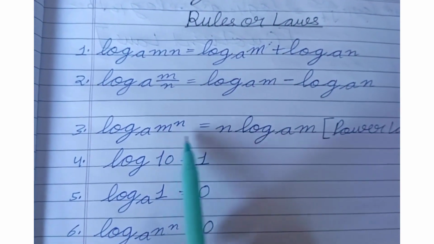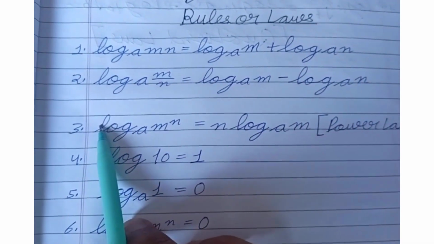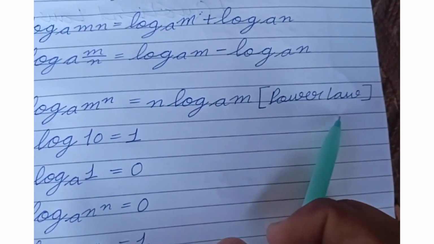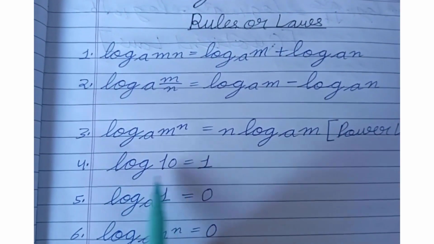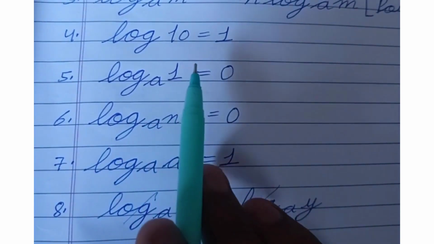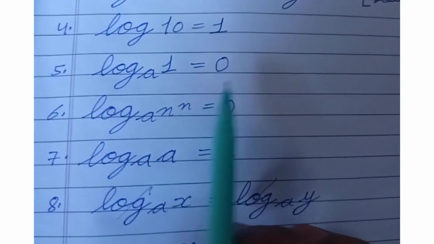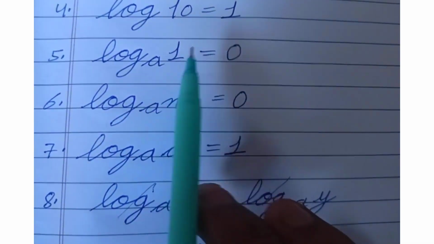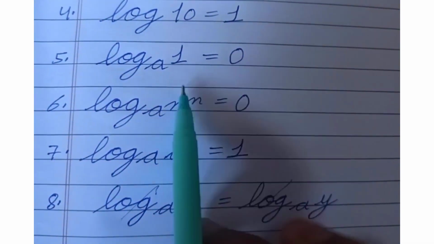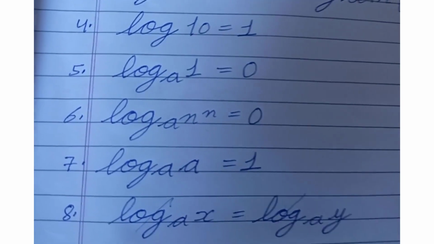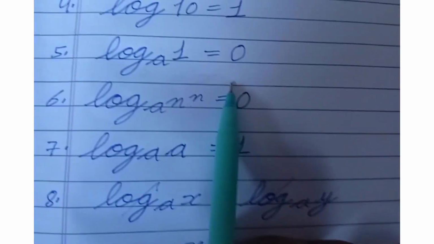Now we take this n before log a like this, and this is called the power law. The value of log tan is 1. If log a 1 is equal to 0 is given, or log tan 1 is given, here 1 is the number, but for many other numbers also the value of that is 0.